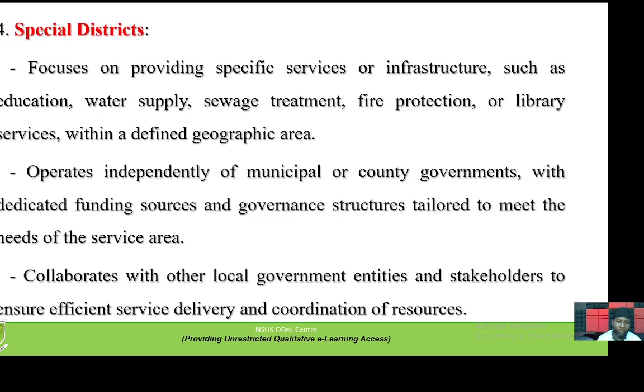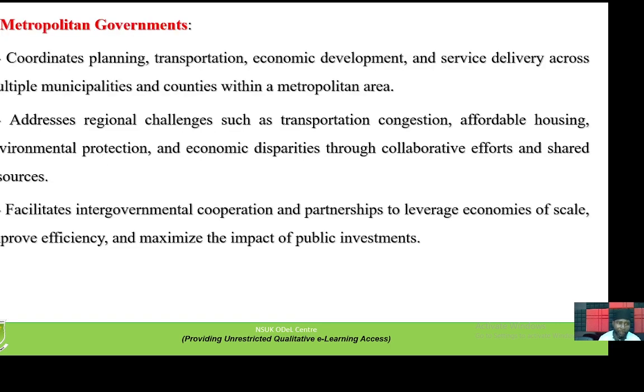Special districts focus on providing specific services or infrastructure such as education, water supply, sewage treatment, fire protection, or library services within a defined geographical area. Metropolitan local government coordinates planning, transportation, economic development, and service delivery across multiple municipalities and counties within the metropolitan area.